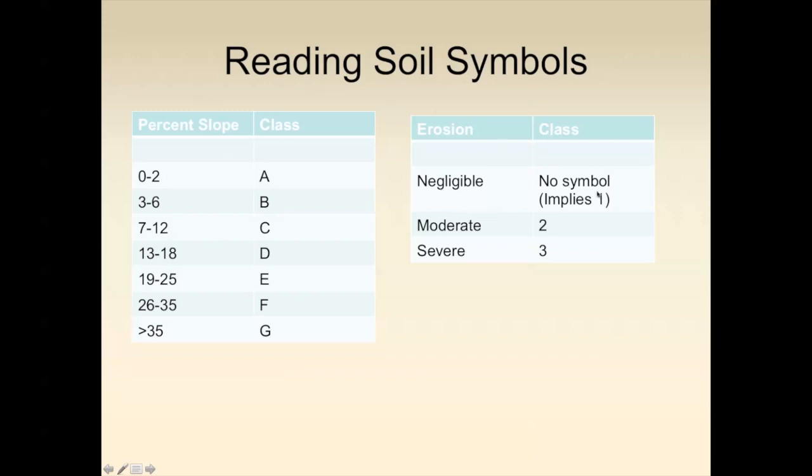The erosion classes: negligible, no symbol, implies 1, we've just talked about it. Moderate erosion is 2, and severe erosion is 3. So we're talking, the soil survey has happened over the last 100 years, and for instance, we know that, especially in the southeast, where maybe 175 years ago, where we see forests right now, that was all in cotton.